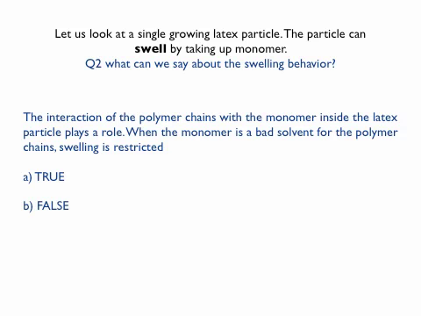Is then swelling restricted? So is this something that's important, or is this something that you say, well, it's a bit far-fetched, maybe this is not correct? So what do people think? So is the interaction between the polymer chains and the monomer, would that play a role in the swelling characteristics of latex particles?